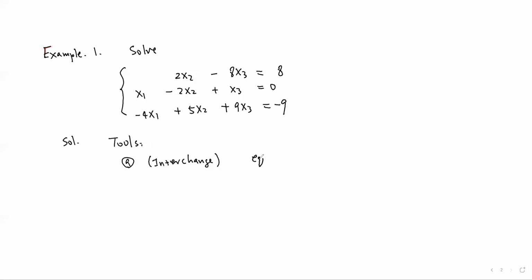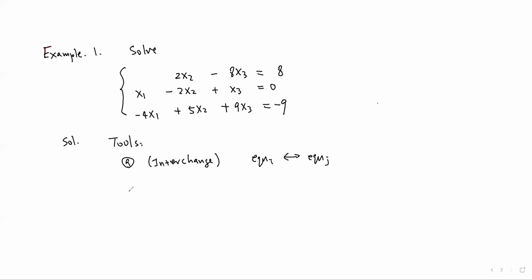Say equation I and equation J. Interchange two equations. This operation doesn't change the solution of a linear system.